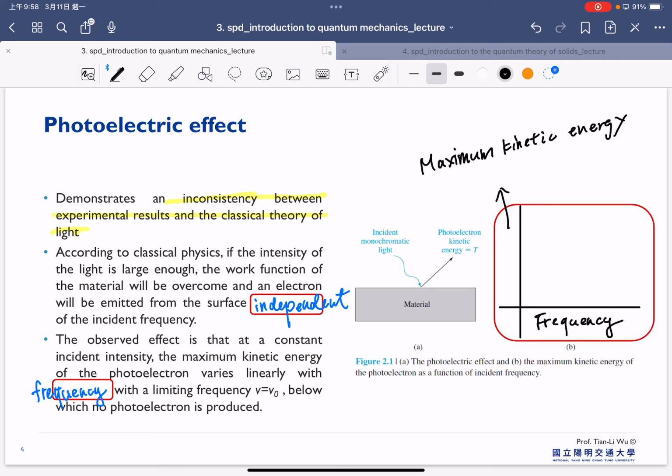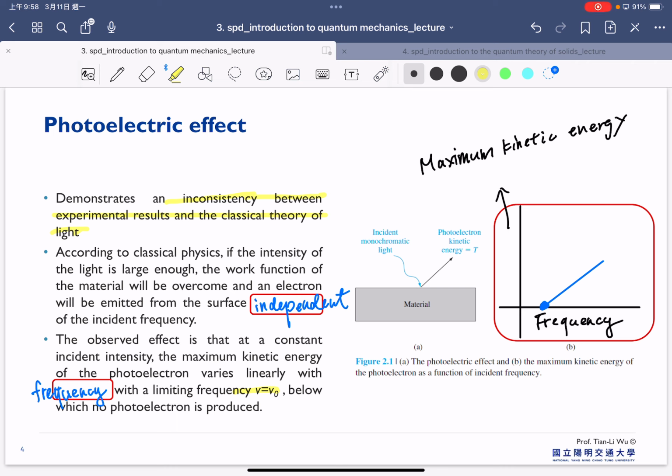And we actually will find out that when you shine the light here, you will create some photoelectron kinetic energy, which has a frequency dependency, with a limiting frequency ν equal to ν0 here.